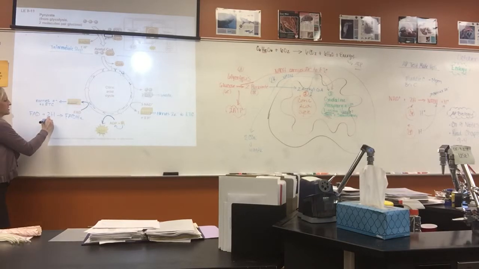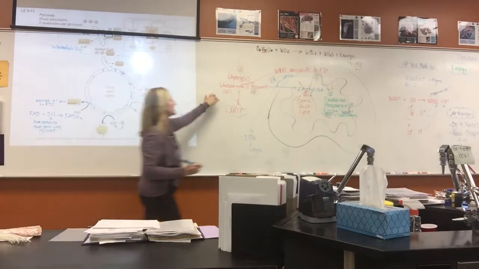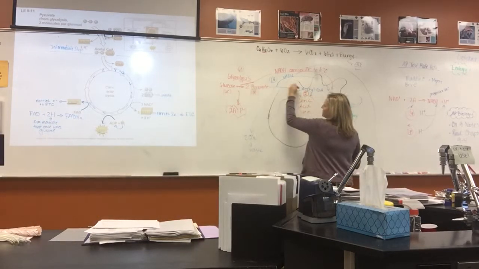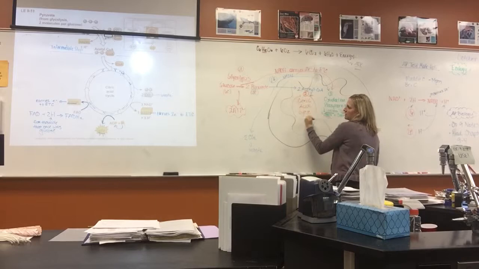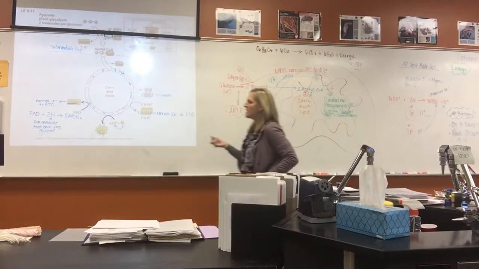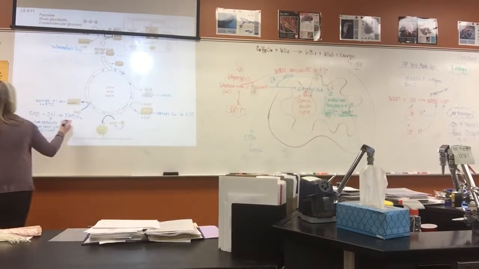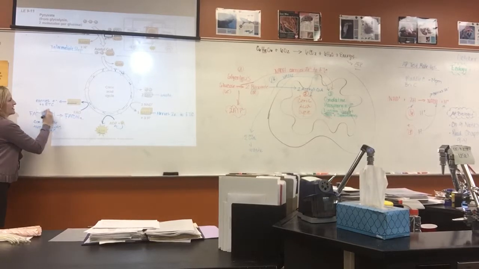These hydrogens came off of a molecule that once was glucose. So the hydrogen was part of glucose. Even though glucose was broken down way back at the first step, those hydrogens and their electrons are cycling around in this citric acid cycle. So how many electrons is this carrying?